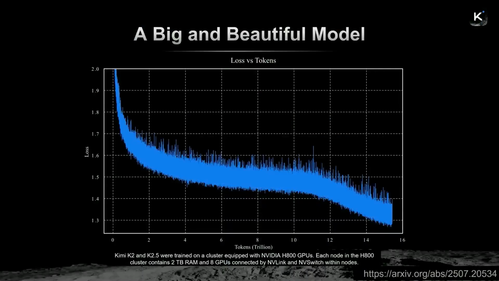This is also one of the most beautiful curves that I have observed in my life. This is the training curve of the K2 base model. As you can see, it went through over 15 trillion tokens, and of course in K2.5 we additionally trained another 15 trillion tokens. The entire training process is just so stable.